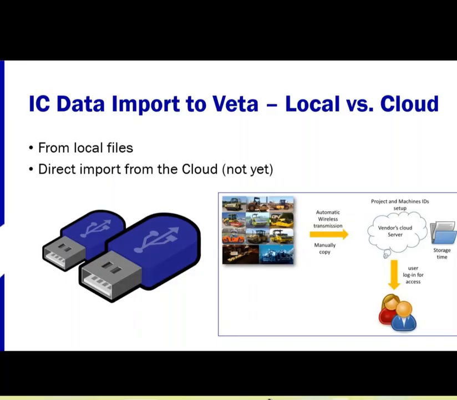There's one question about whether the Veta data is live. It is not live. It's near live if you have a direct download from the cloud and you can refresh it on a regular basis. In 2024, we're planning to develop a web-based Veta that will allow more timely data transmission or viewing from the machine to the cloud.